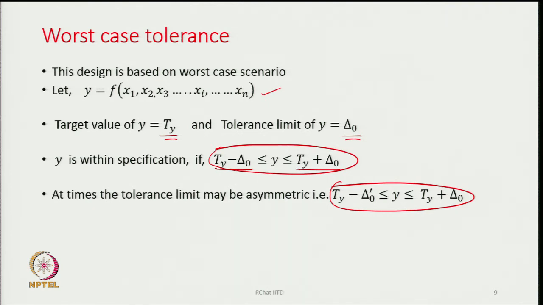Like we want to make a fabric and say I want a fabric of 1 meter, but I can tolerate if the fabric becomes shorter by 5 centimeter, but I can tolerate if the fabric is longer by, let us say, 1 centimeter. So, 1 centimeter more than the nominal value is acceptable to me, but on the lower side it should not be 1 centimeter less, it should be just 0.5 centimeter less. This is what is called asymmetric tolerance.